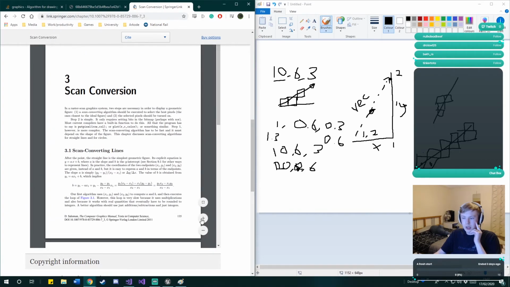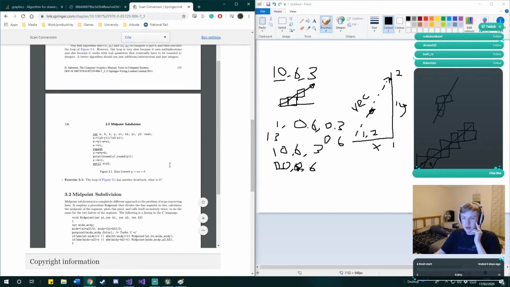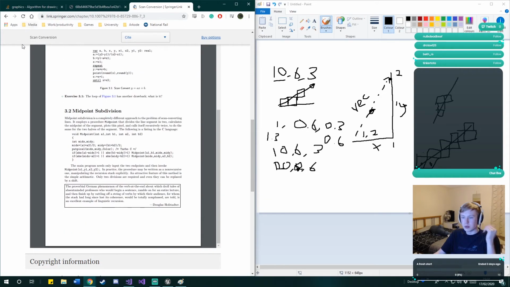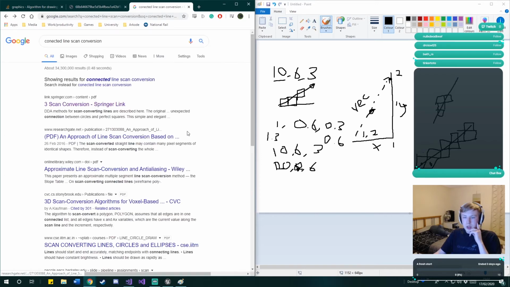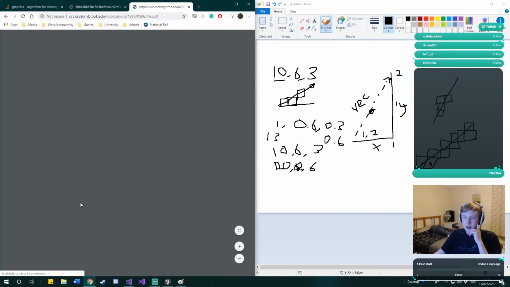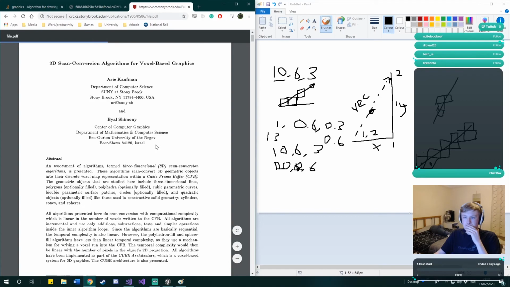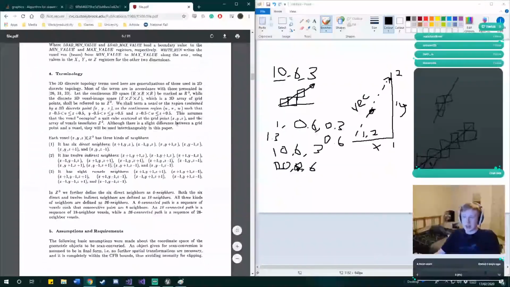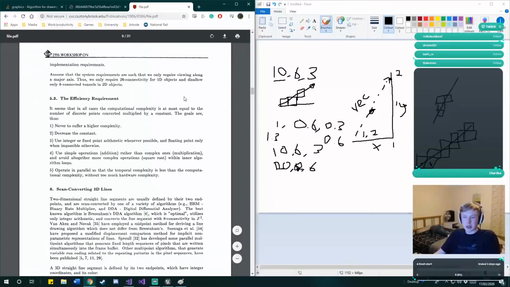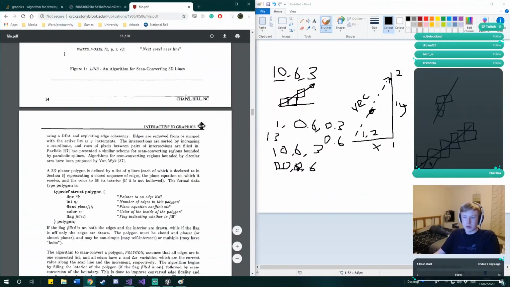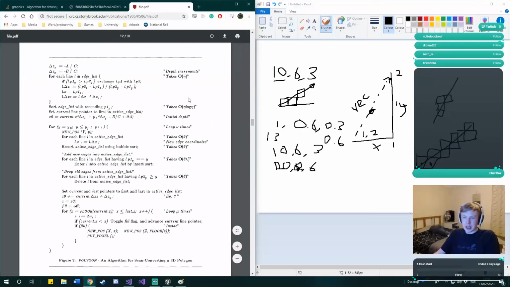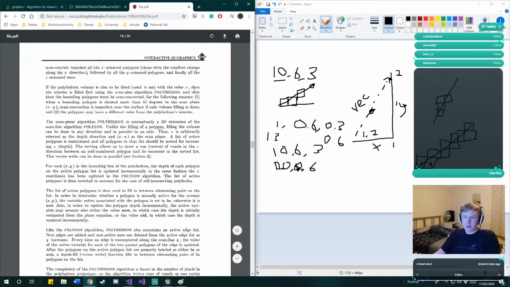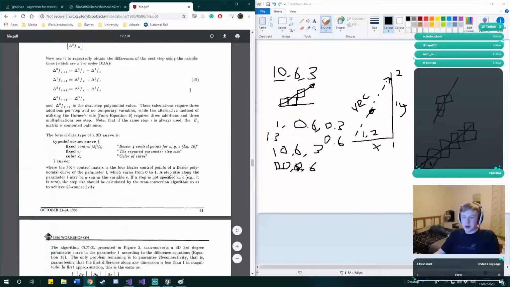Is this what I want? Scan conversion? But no, there's no illustration. Oh, yeah. Hopefully this has pictures. I like my pictures, not gonna lie. Let's see. In maths here, I just want an algorithm.